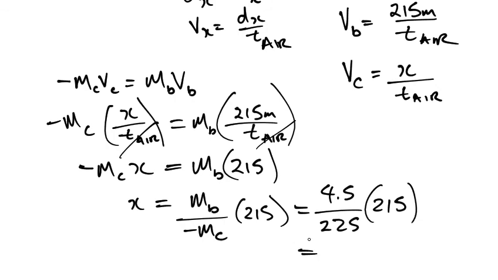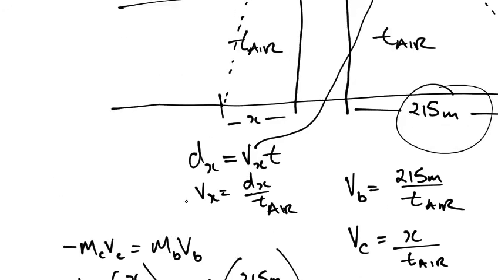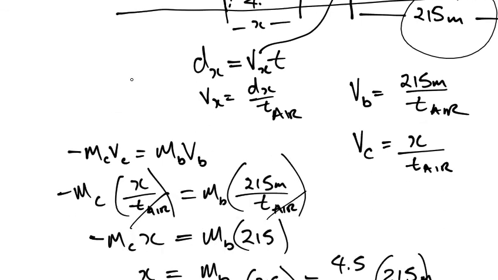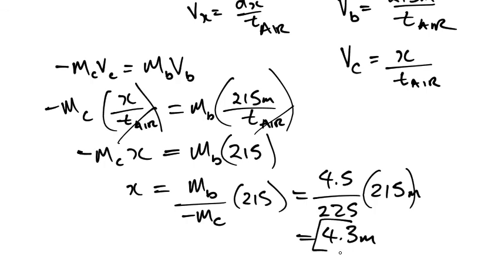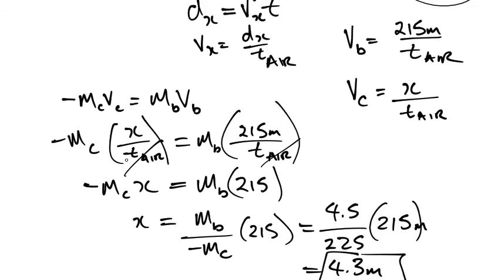I'm not putting in units, which isn't so great, but let's see what we get here. 4.5, enter, 225 divided by, 215 times, and I'm getting 4.3, and that's meters, because that's kilograms, kilograms, and that's meters. So kilograms cancel out. Now, if we go back, now we know that this distance was 4.3 meters. And that's what we were looking for originally.